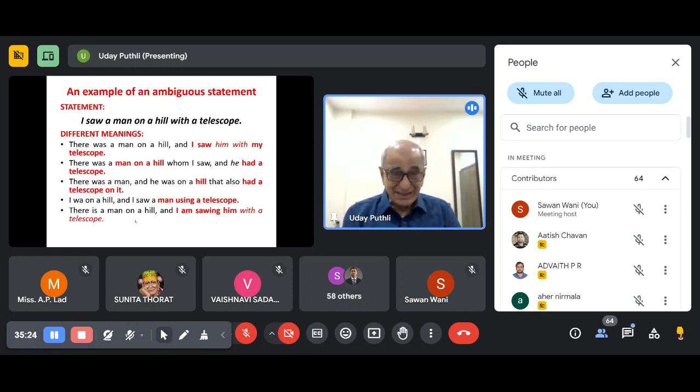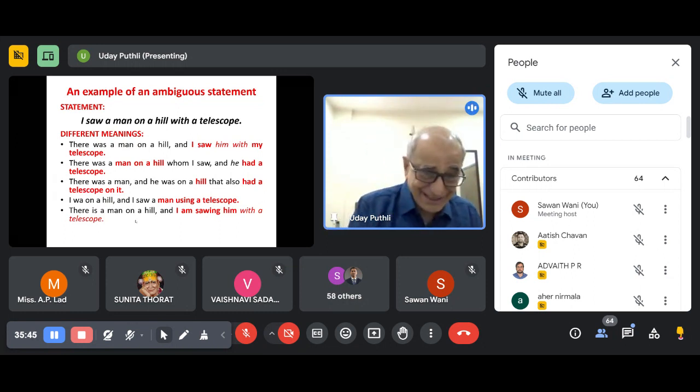The second one is there was a man on a hill whom I saw, and he had a telescope. I've marked this in red. I saw him with my telescope. The man on the hill had a telescope. In the first case, I had the telescope. In the second case, he had the telescope.